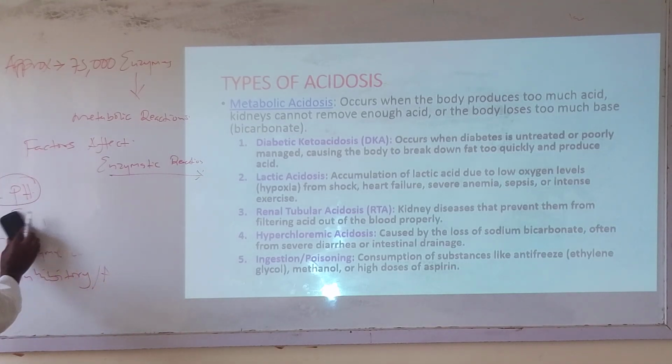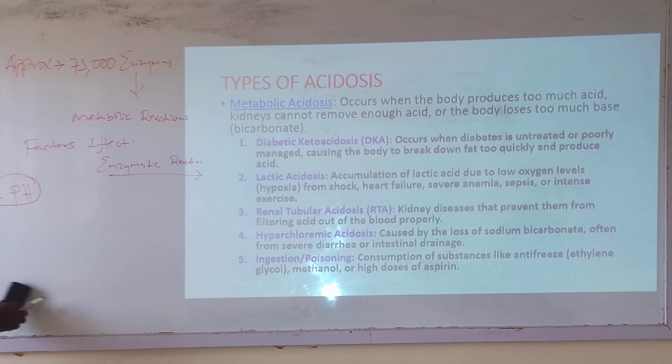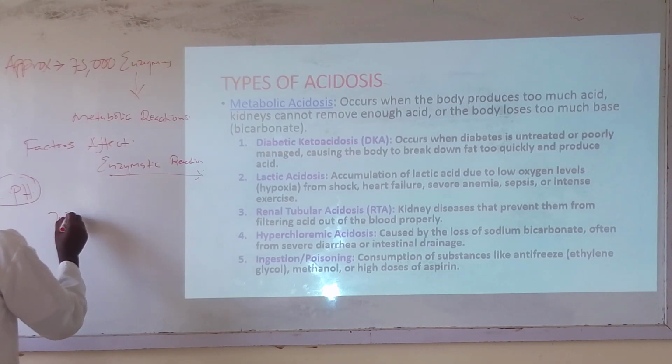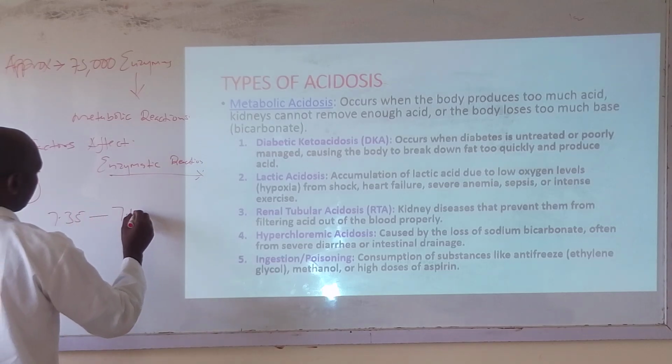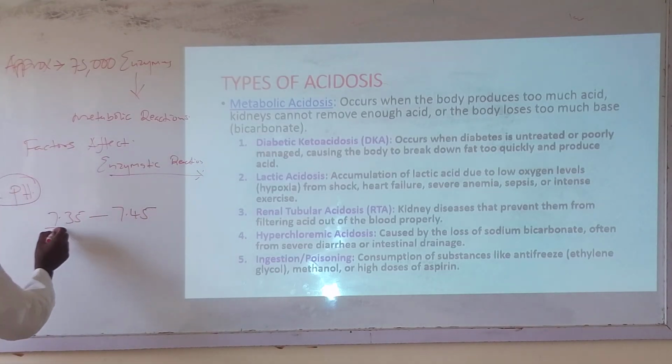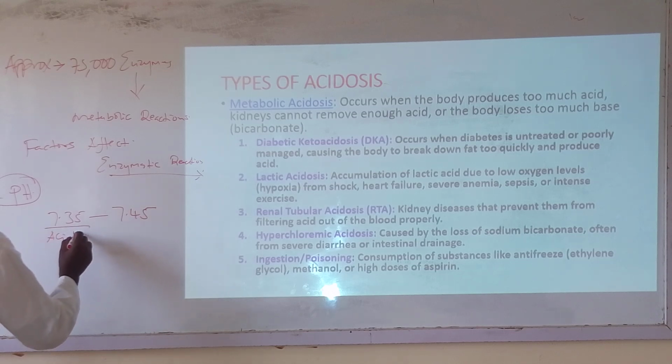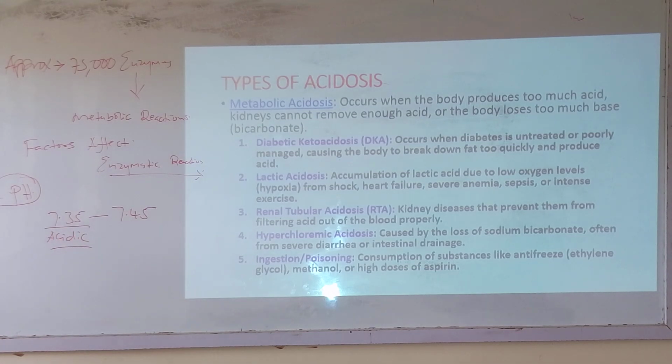When you change the pH of the body from the normal range of 7.35 to 7.45, if we make it more acidic, we have enzymes that will not tolerate this pH in the body. And therefore, they will be denatured, and their enzymatic activity will be stopped.